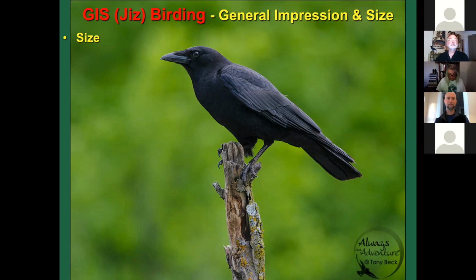So if it's a really big bird, way bigger than a Canada goose, with a white head and a white tail, you've probably got yourself a bald eagle. But the idea is that you compare what you're unfamiliar with to things that you're already familiar with, to get a sense of the bird's size.